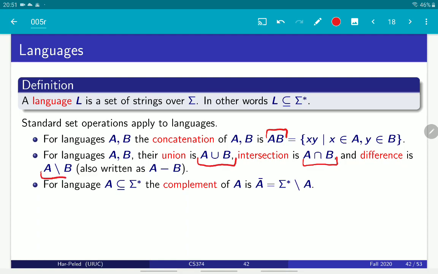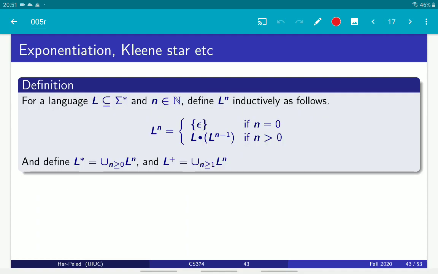And the difference, which is all the words that appear in the language A but do not appear in the language B. And finally, we have the complement operator, which here is a bit weird, which is just the set of all the strings that are not in the language, sigma star minus A. So this would be kind of our basic tool of the trade.